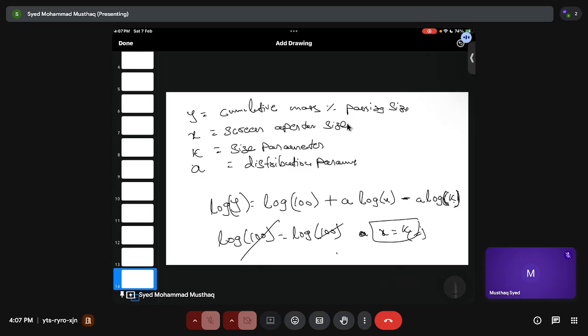That gives your distribution, so a will define your distribution, because that's what it tells, the slope. That depends upon the distribution, if the distribution is linear, parabolic, or any type. Okay, so that is about sieving.